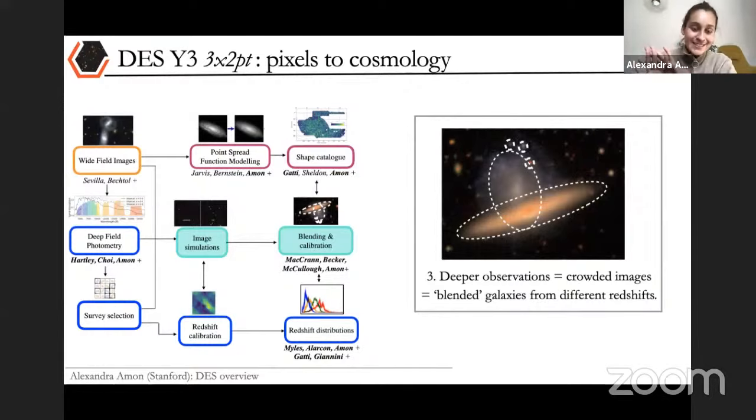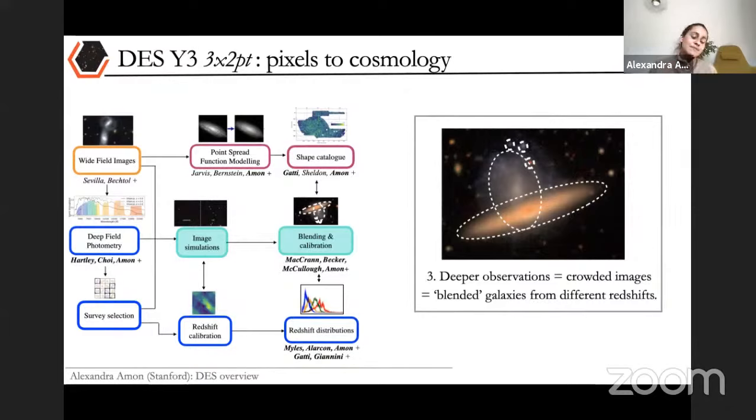Almost all of our galaxies are really just a clump of galaxies that happen to be overlapping as they're projected on the sky. So how do you measure the shapes and redshifts of these 5 or 6 galaxies in this image? And how do you disentangle their weak lensing signal when they're all coming from different redshifts by chance? This is an unavoidable consequence for deep data and something that we worry quite a lot about.